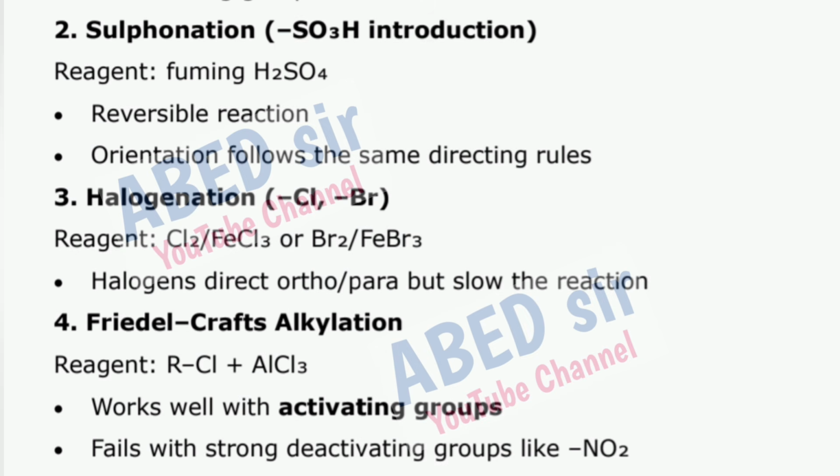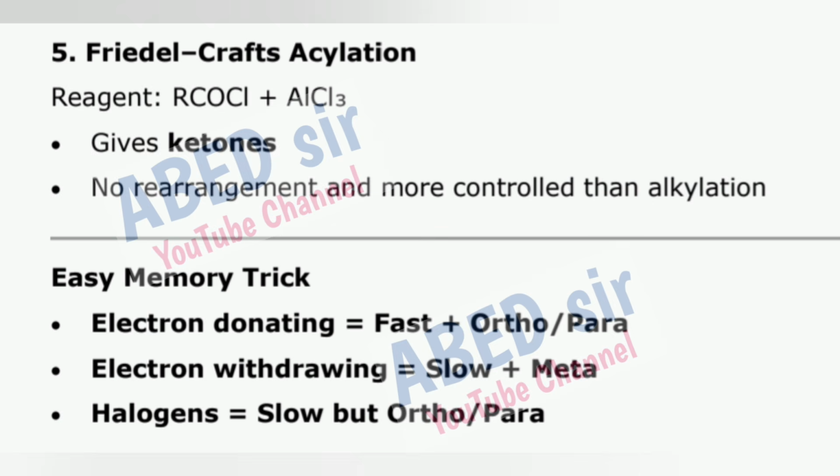4. Friedel-Crafts alkylation. Reagent R-Cl plus AlCl₃. Works well with activating groups. Fails with strong deactivating groups like NO₂. 5. Friedel-Crafts acylation. Reagent RCOCl plus AlCl₃. Gives ketones. No rearrangement and more controlled than alkylation. Easy memory trick.